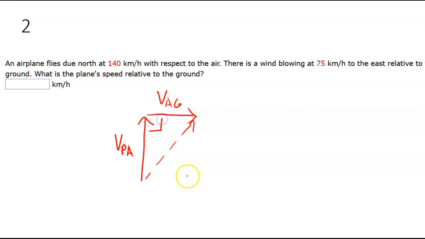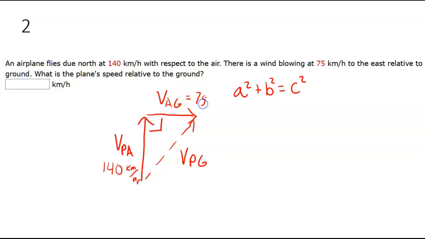Well, when these are perpendicular, that's pretty simple because I know the Pythagorean theorem tells me a squared plus b squared is equal to c squared. So in this case, I have 140 kilometers per hour. I have 75 kilometers per hour.